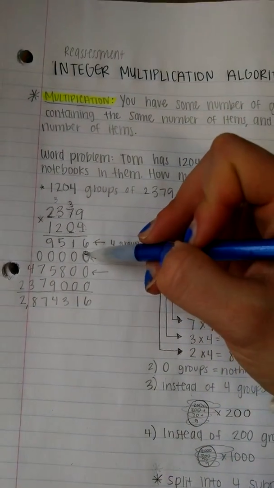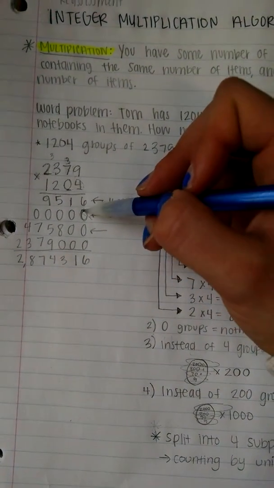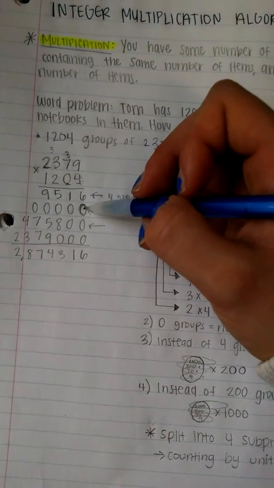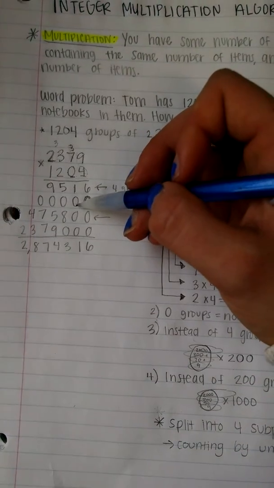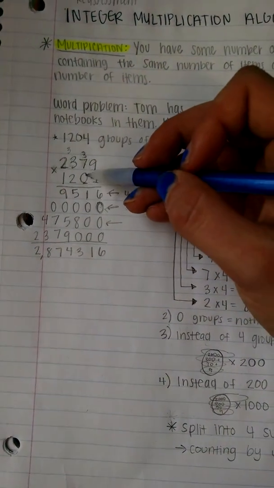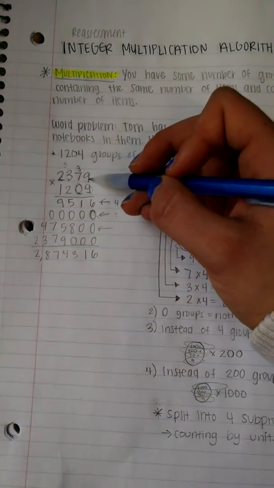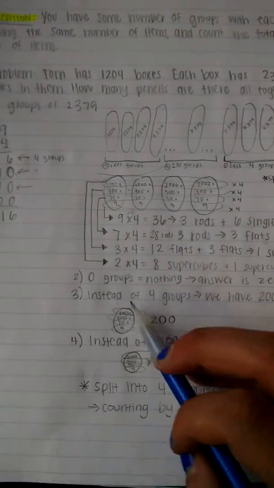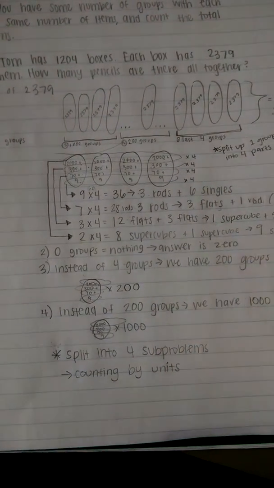So this represents that we are moving on to the rods place, or the tens place, since we already did the singles place. Now this means that we have 0 groups of 2,379. So 0 groups equals nothing, so the answer would be 0.